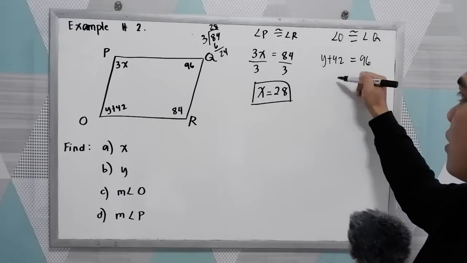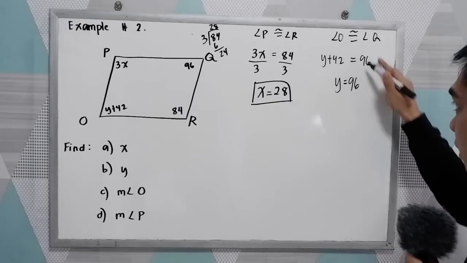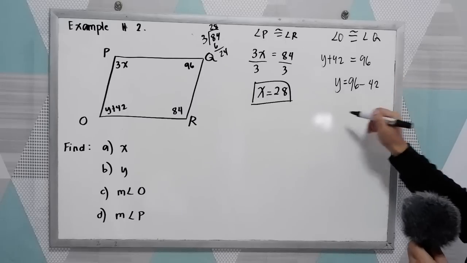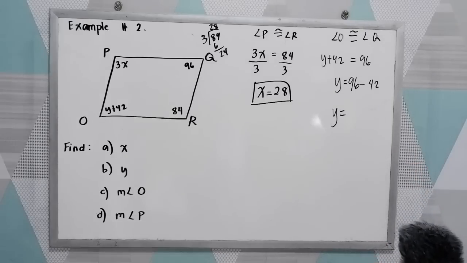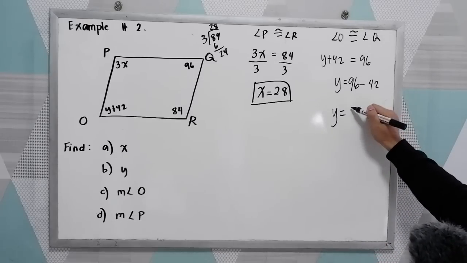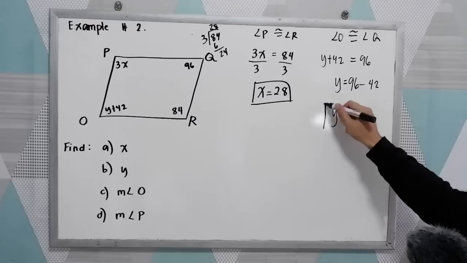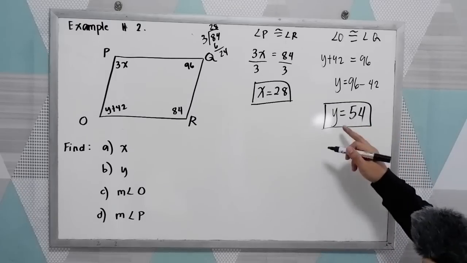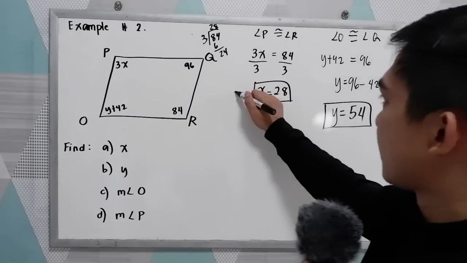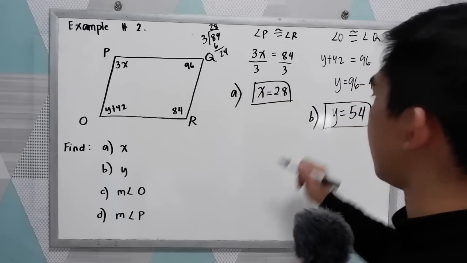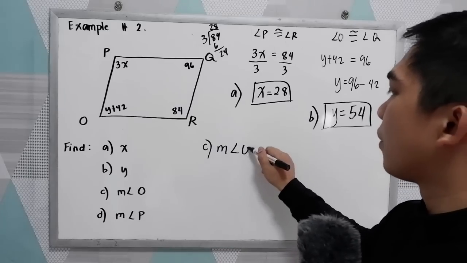So y is equal to 96 minus 42. 96 minus 42 is 54. Okay. y is equal to 54. This is letters A and B.